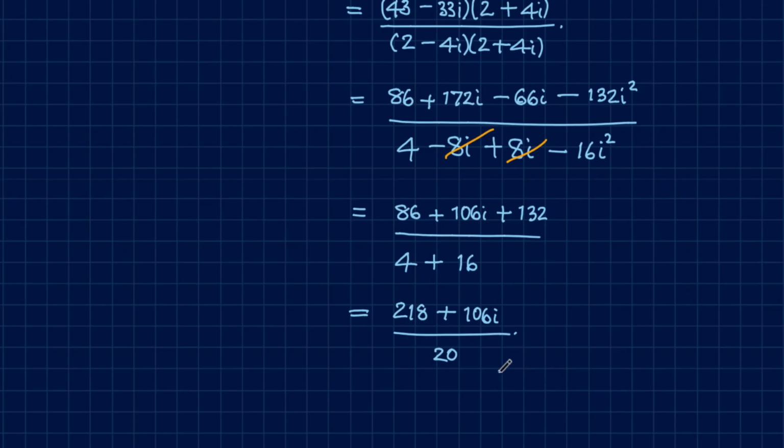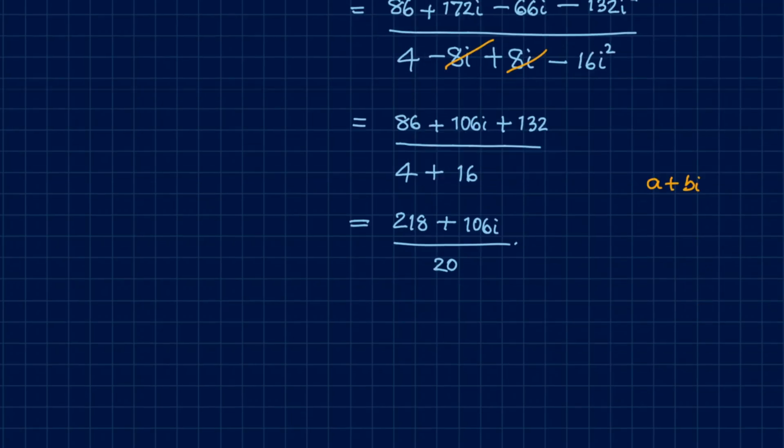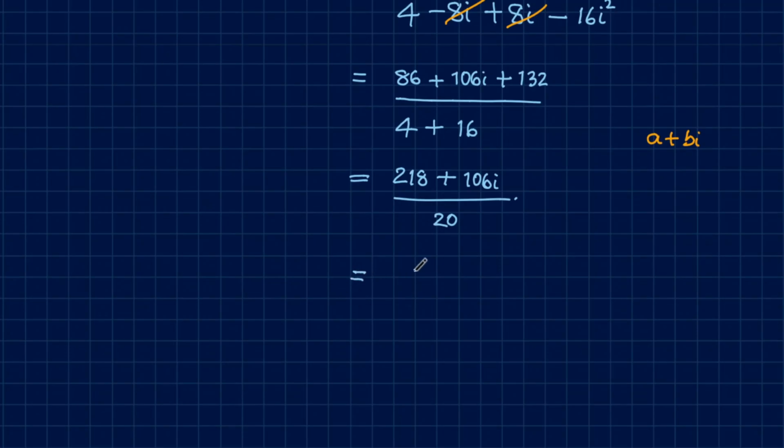Now we can distribute because our solution is required to be in the form of A plus Bi. So moving on, we distribute the denominator. We had 218 over 20 plus 106 over 20, and that is i as the complex part.